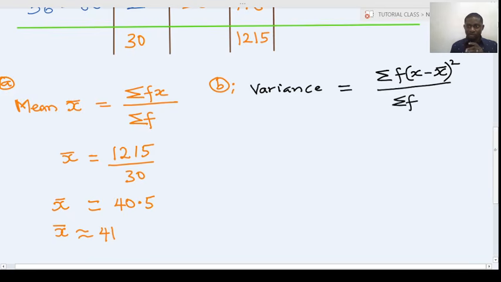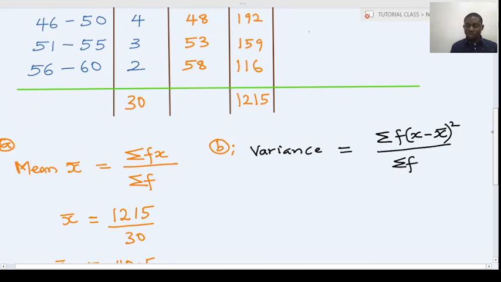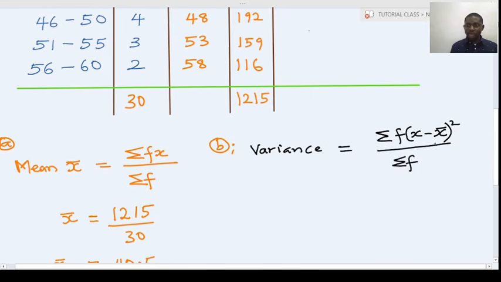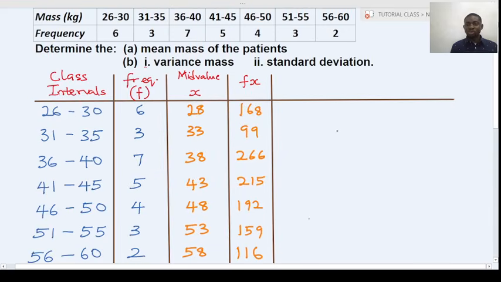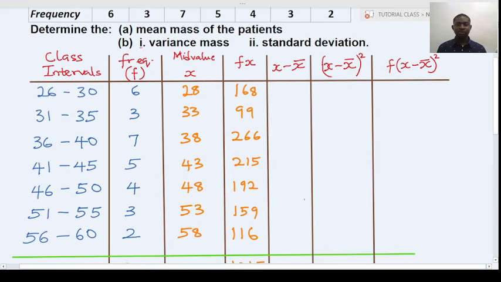So for this, we go back to the table where we find the column for x minus x bar, then x minus x bar squared, then the product of frequency and the square of the deviation. So we extend this table now to accommodate that.